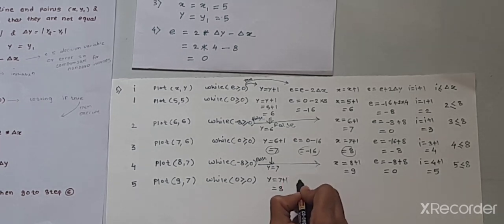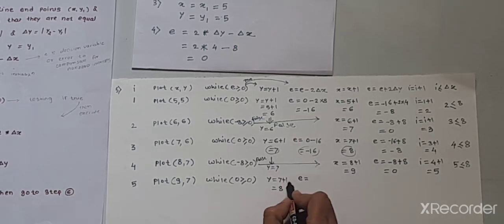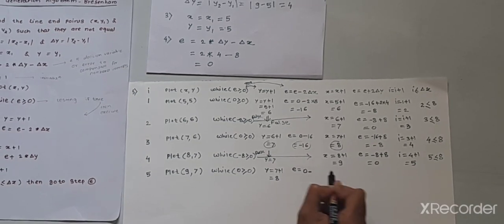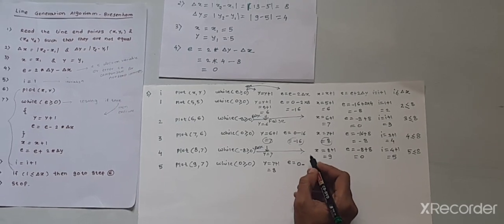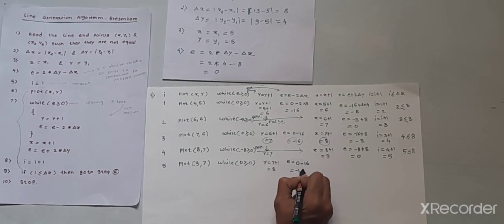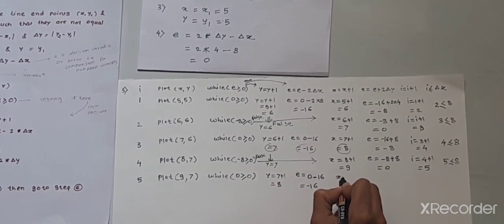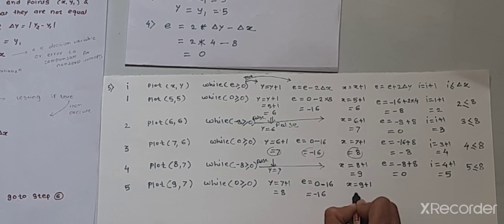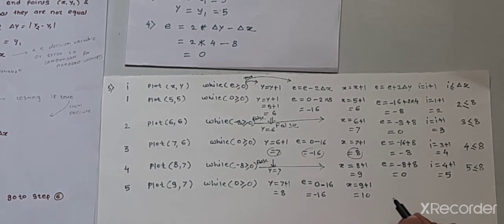Next to that, we are calculating the value of e. According to this, we are having previous value of e 0 minus 2 delta x is nothing but once again 16. So we are getting here minus 16. x is equal to, previous value of x is 9 plus 1. We are getting answer as 10.